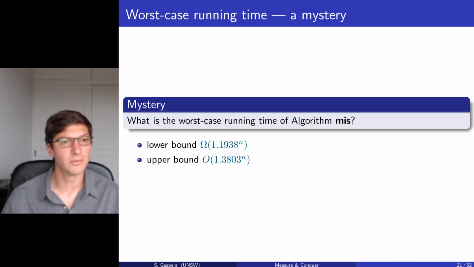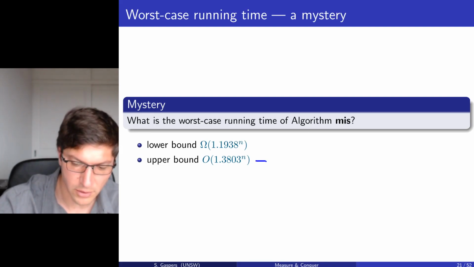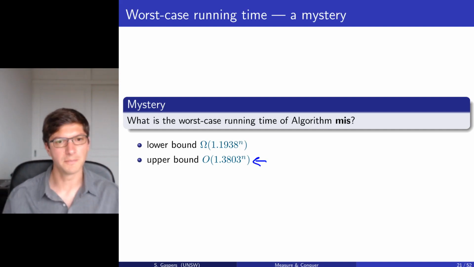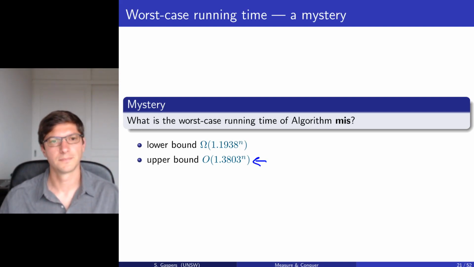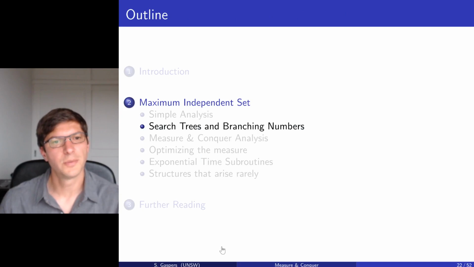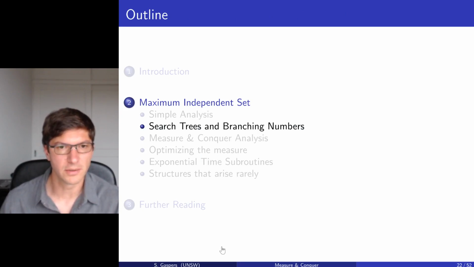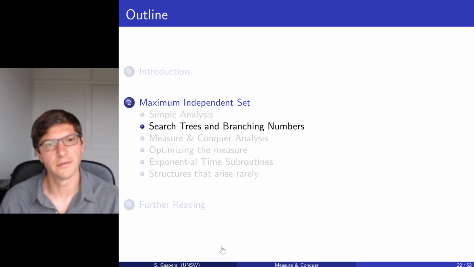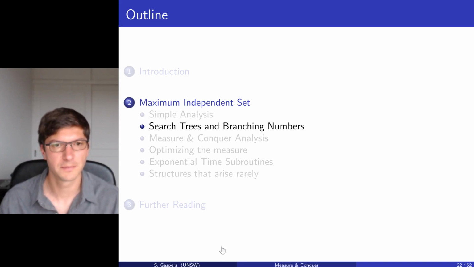Nobody knows what the real running time of this algorithm is at the moment. But what we are going to do is work on improving this upper bound. To obtain better upper bounds on the size of the search tree, we are going to look more in detail at search trees and branching numbers.